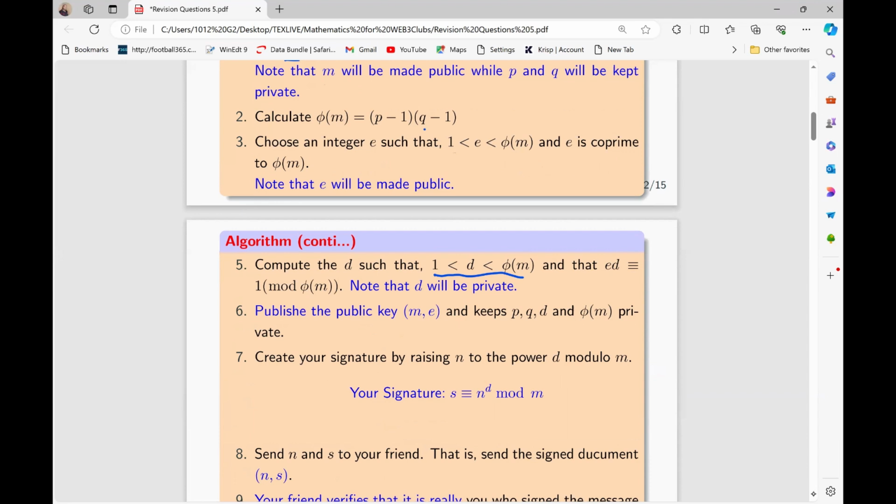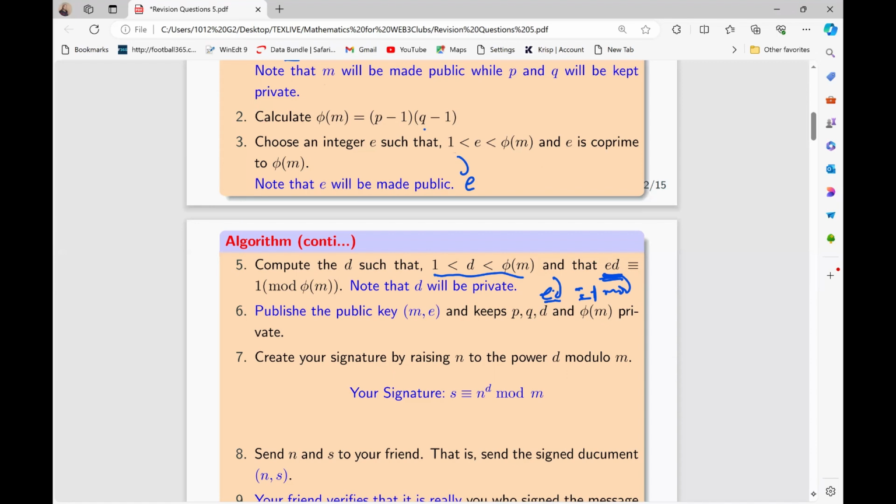You do this by the extended Euclid's algorithm because, as you can see here, E multiplied by D is congruent to 1 mod phi of M, which means that D is the inverse of E. Of course, we shall look at examples.